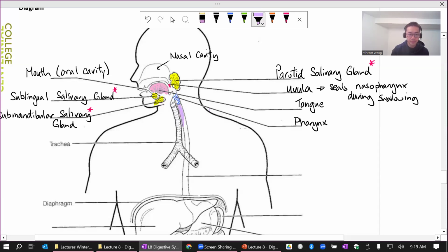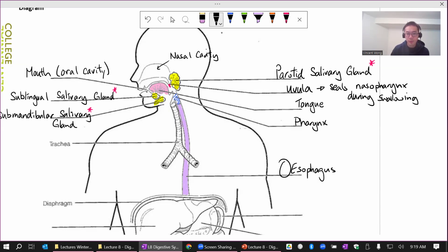You know this one, right? What is that? Okay, it runs parallel to the trachea, and it's posterior to the trachea. Connects the pharynx to the stomach. That would be the esophagus.